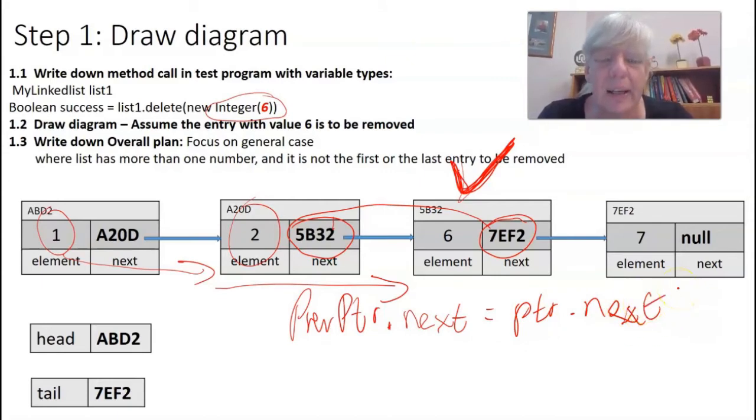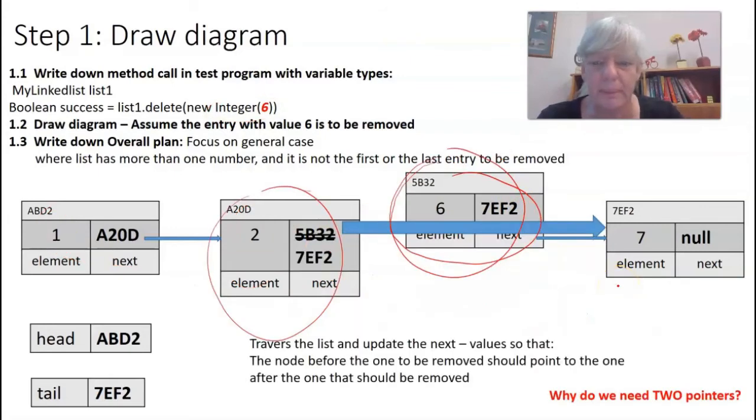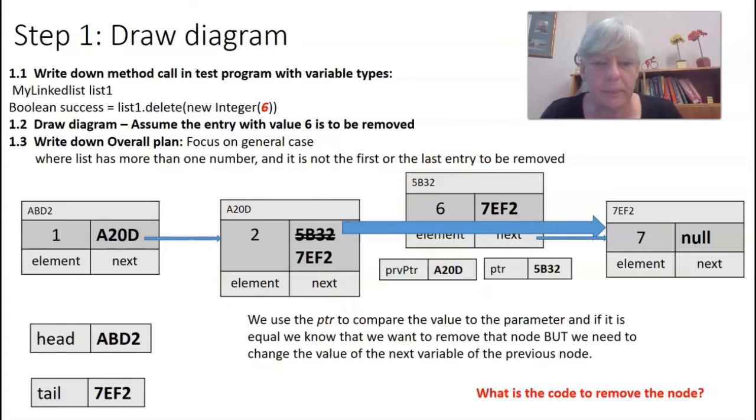But that's the problem with this code. The correct stuff is so easy. It's such simple lines, but to know what it should be is kind of hard. Do you agree? Previous pointer dot next must be pointer dot next. There's a little bit of a diagram.